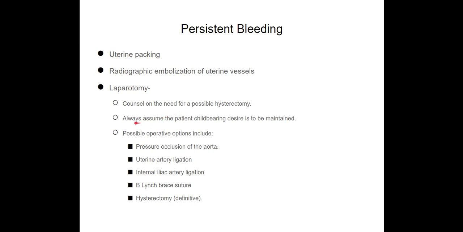We should always do our best to preserve the childbearing status of the patient. And even if she's unable to consent, we should assume that the patient will still want to maintain childbearing.